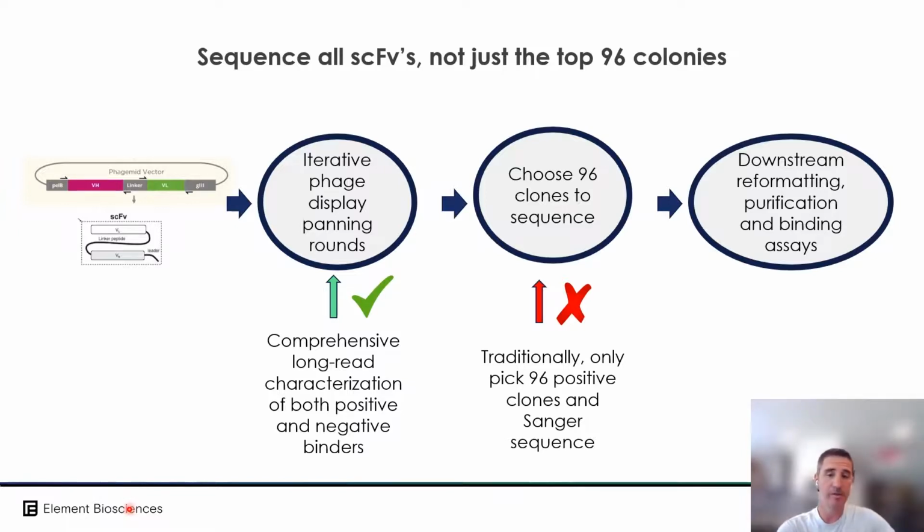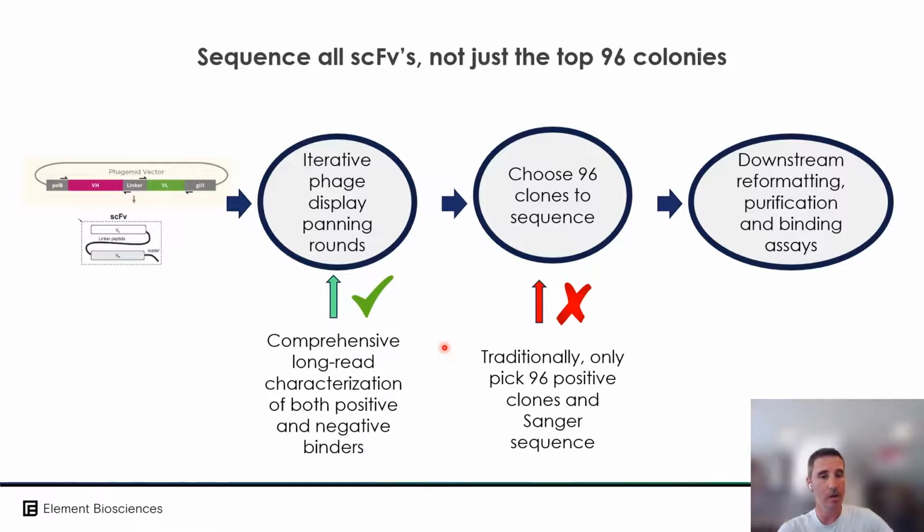In the context of phage display and panning, in traditional experiments that do not employ long-read sequencing, one would have to subselect the variants that were high-affinity binders to the target and choose, say, one or two plates of 96 isolates in order to test what the sequence of those binders is.